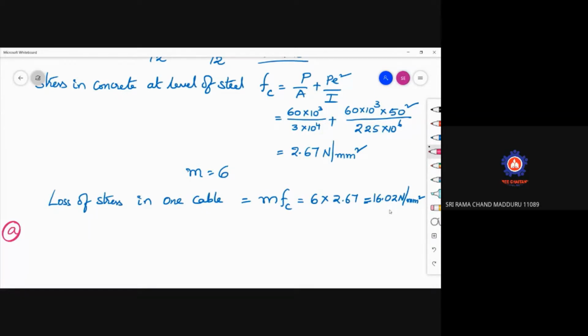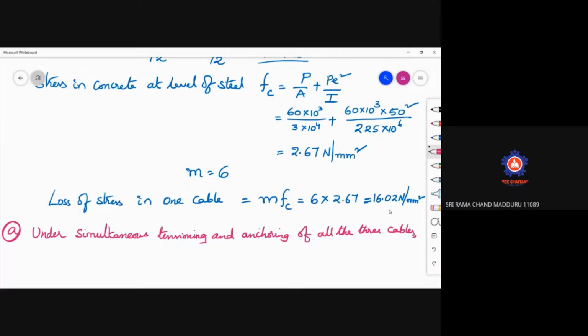Write down: under simultaneous tensioning and anchoring of all the 3 cables, there will be no loss.